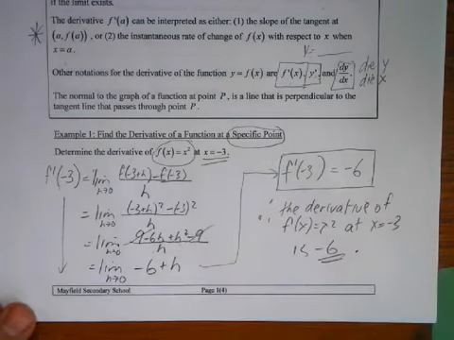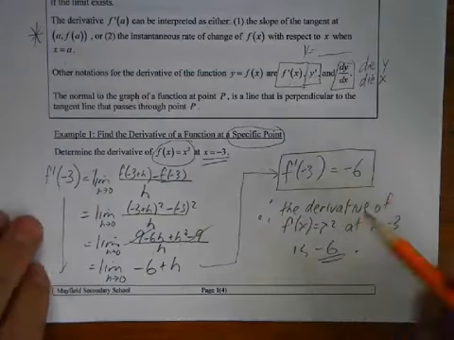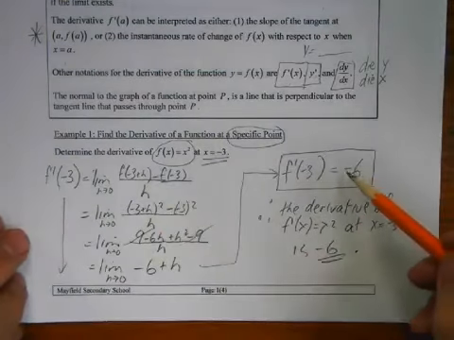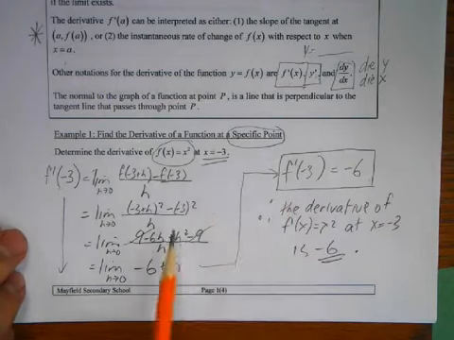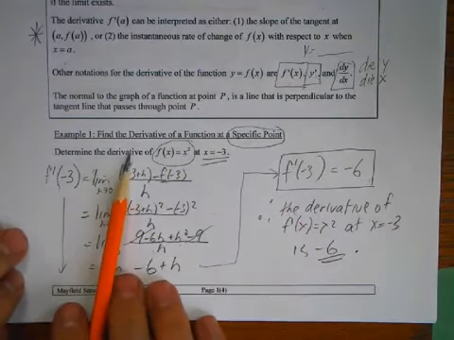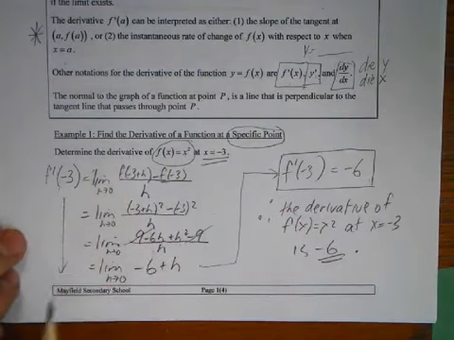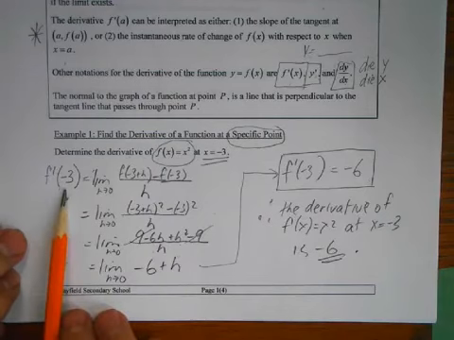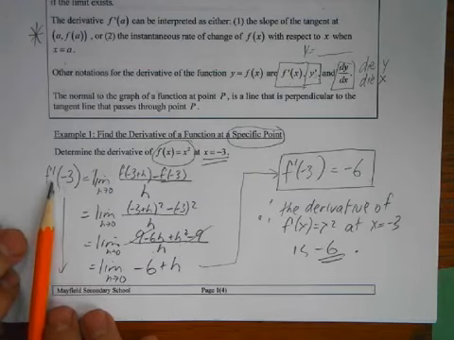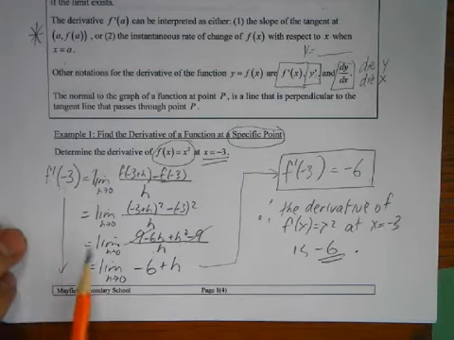Okay, so that should seem very familiar based on what we've done in the last unit. The only new thing is we're calling it a derivative, and we've got this new notation. Instead of calling it the slope of the tangent or the instantaneous rate of change, we're calling it the derivative f prime, which is the derivative of f at the value -3.